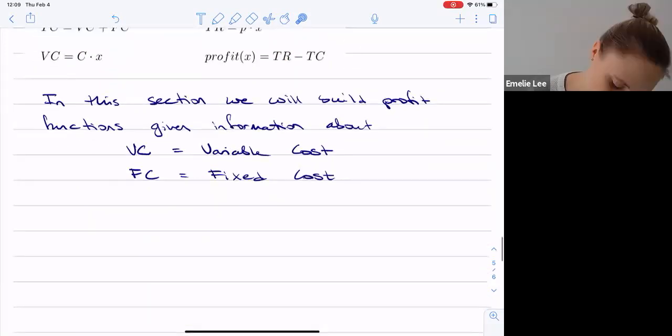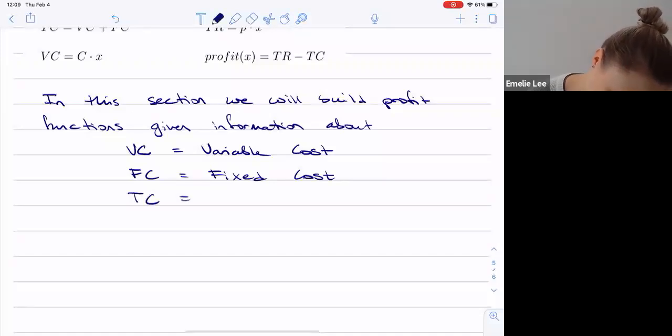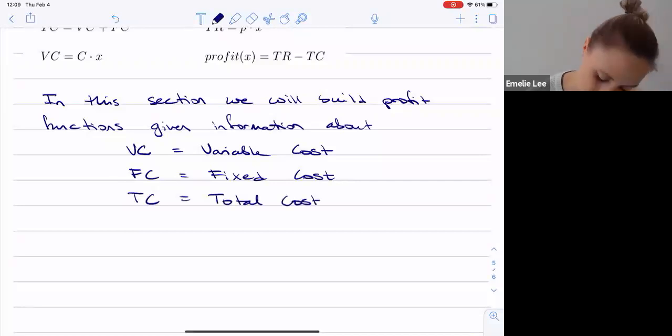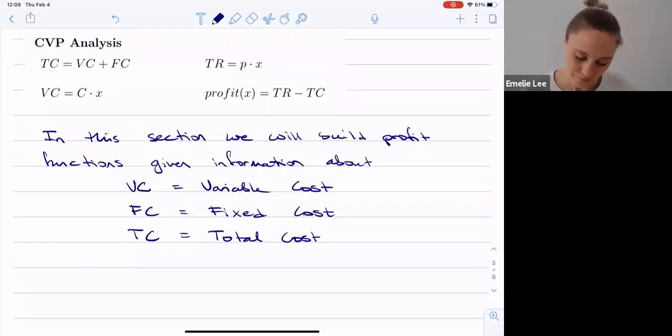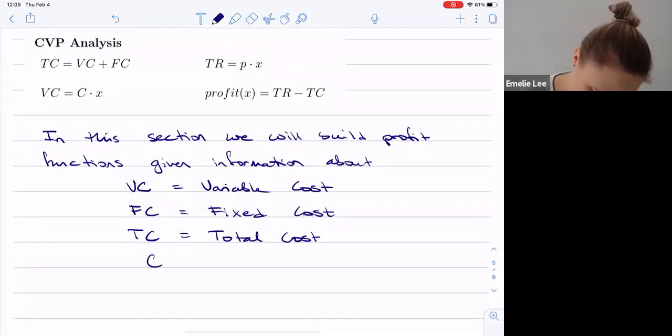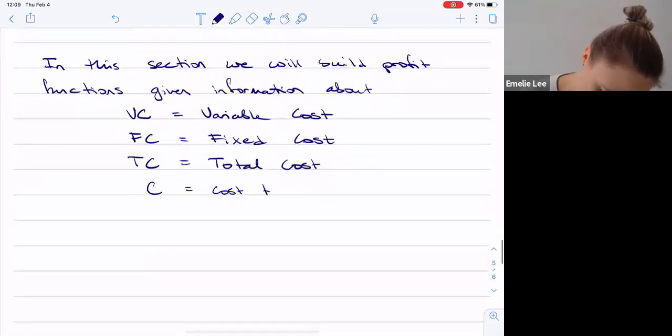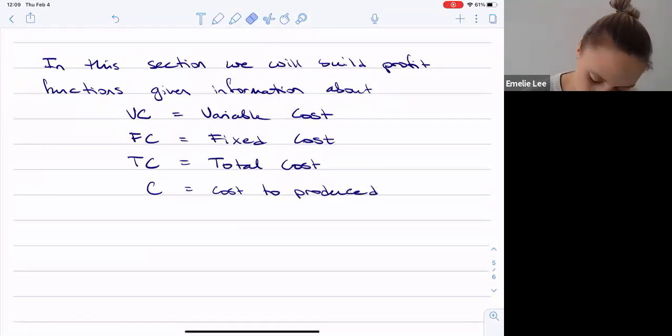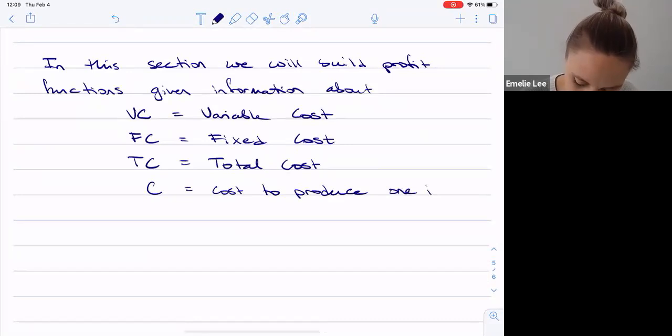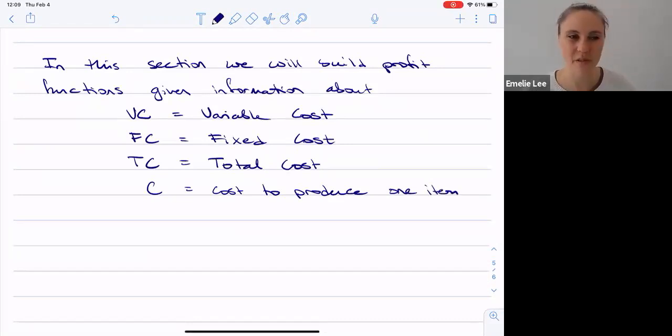And then my total cost. C is the cost to produce one item, so the per item cost.